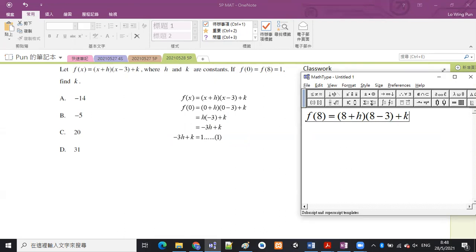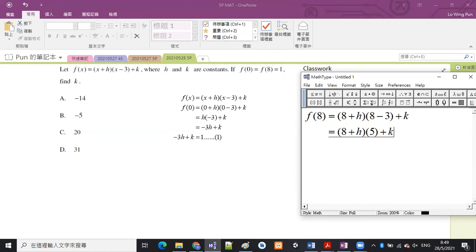And careful. I just found that some of you mistakenly change this 8 plus h to be just 8 times h. It cannot be changed to 8 times h, right? 8 and h are not like terms, so they cannot be calculated together. Just keep it. So what can be calculated now is just 8 minus 3 becomes 5, right?